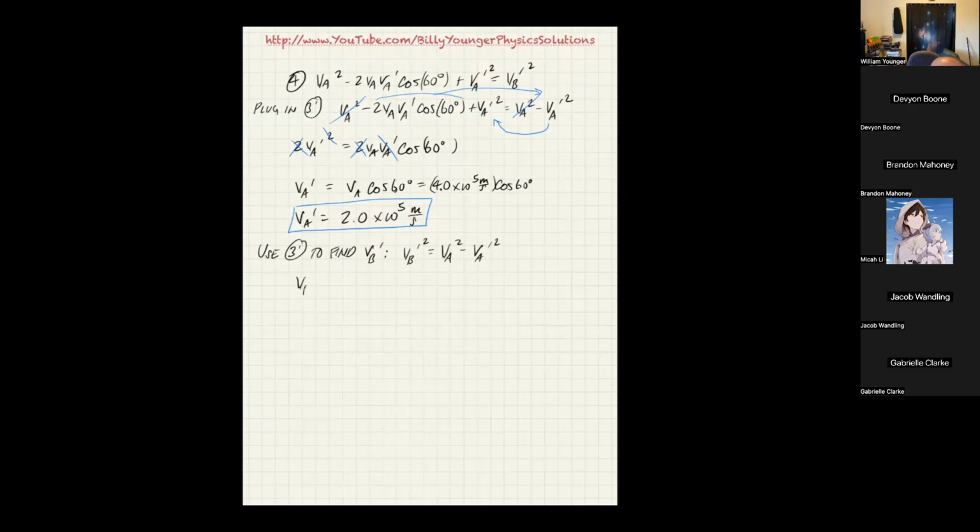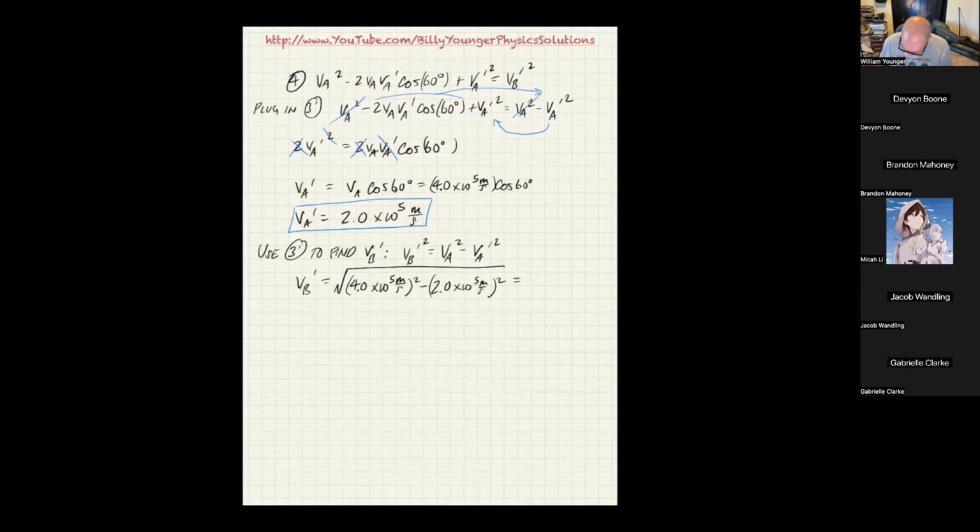So VB prime is going to be equal to the square root of VA, which is 4.0 times 10 to the 5th meters per second, squared, minus 2.0 times 10 to the 5th meters per second, squared. And that should give me ultimately 4 squared minus 2 squared, which is 16 minus 4, which gives me the square root of 12.